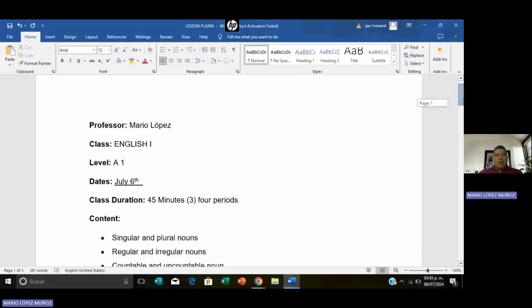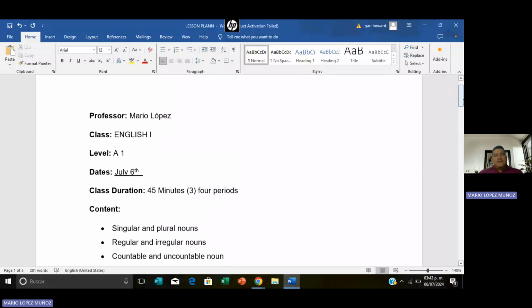About the written part, in this case the professor name is Mario Lopez. The class is for English 1. The level is A1 because this is very basic English.